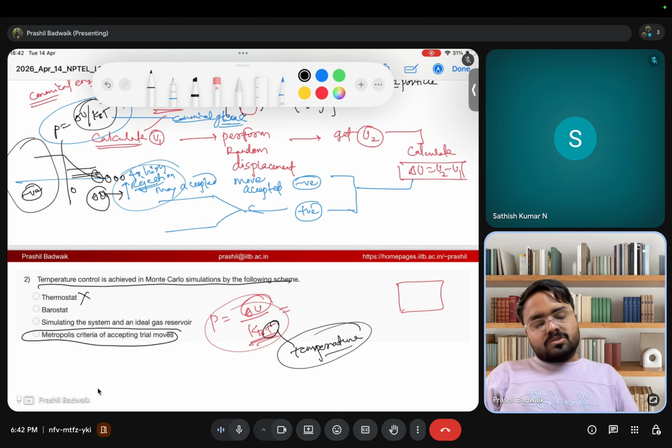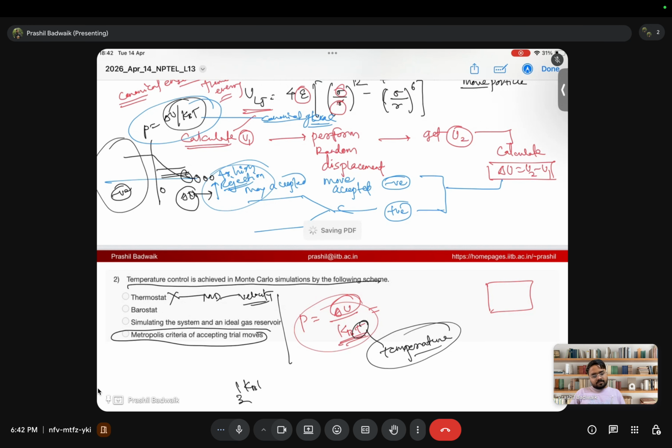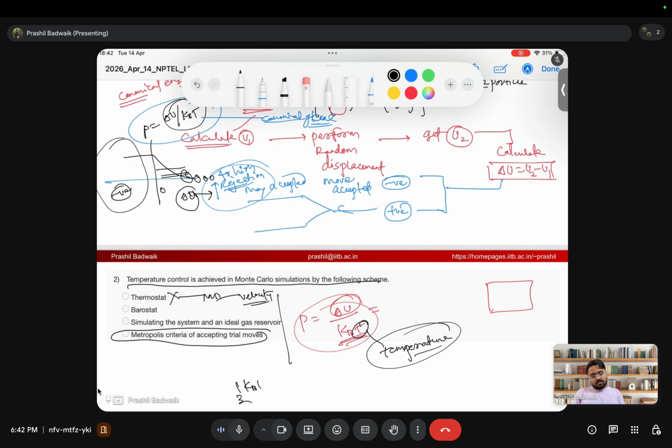We don't use any thermostat, just like what we did in molecular dynamics, MD simulation. There we calculate the velocity in each step, and that velocity is related to kinetic energy, that is, half kBT equals half mv squared.